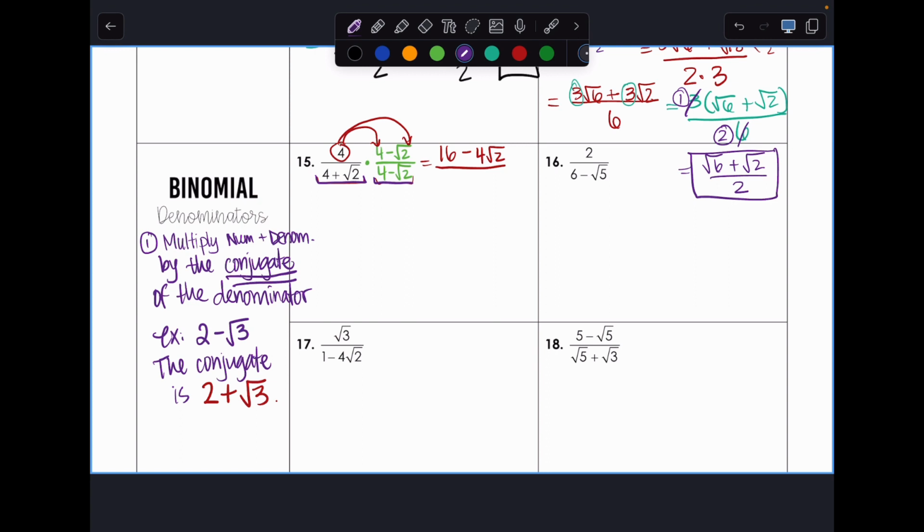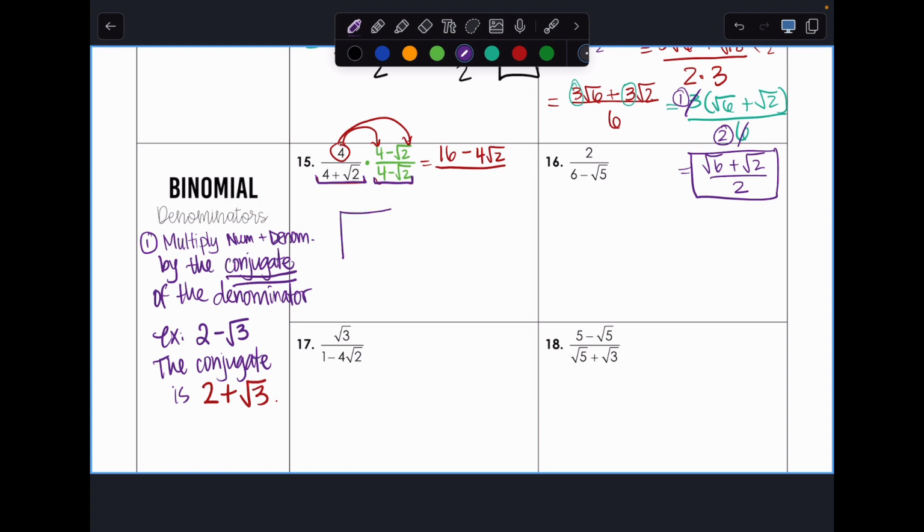When I multiply binomials, we can use FOIL or... Four plus rad 2 times 4 minus rad 2. What do I use? Not Xbox, that's for factoring. Is it the box? Box. We use the area model.